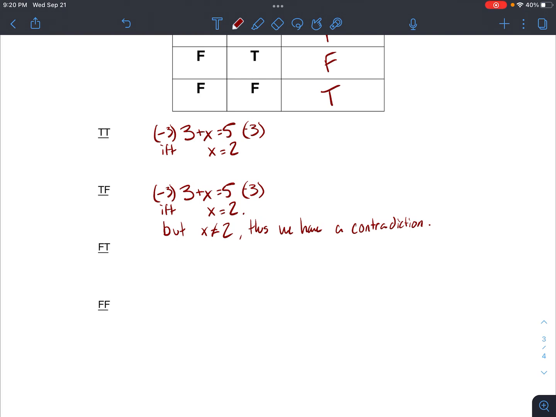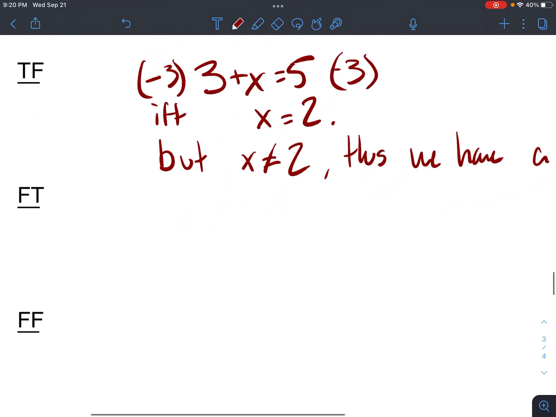If you ever come across a contradiction like this in the math, then you can go ahead and say that it's false. We do the same thing up here.